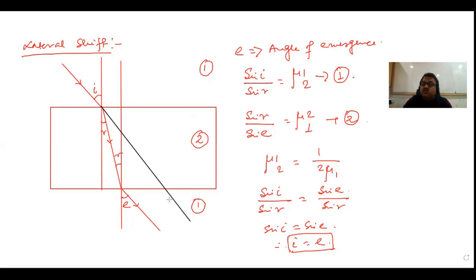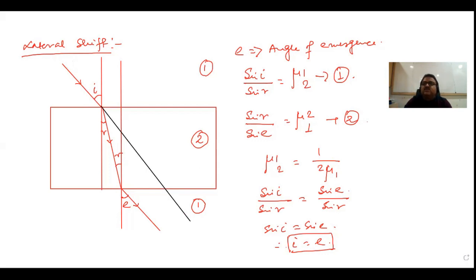That means in this case, no deviation is taking place. Only shifting is there, correct? That means light is shifting its path. It is the original direction, the direction is the same. But only the change is it shifted its path, correct? Which is what we call lateral shift.